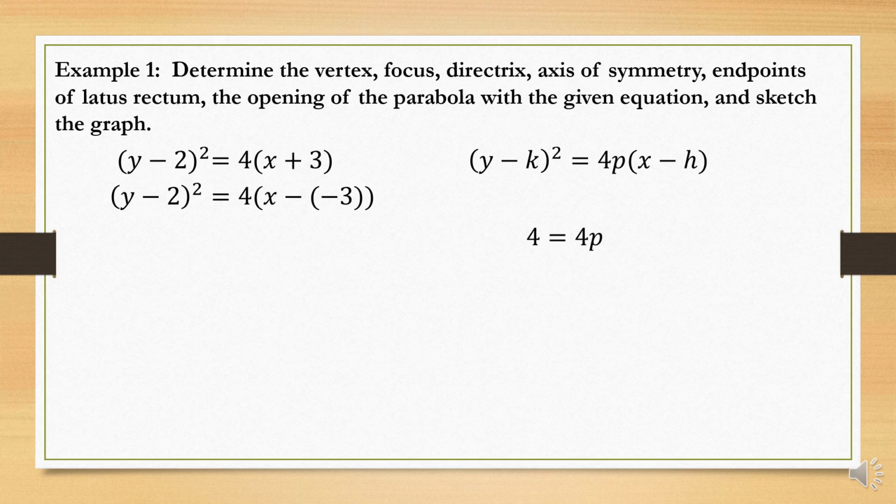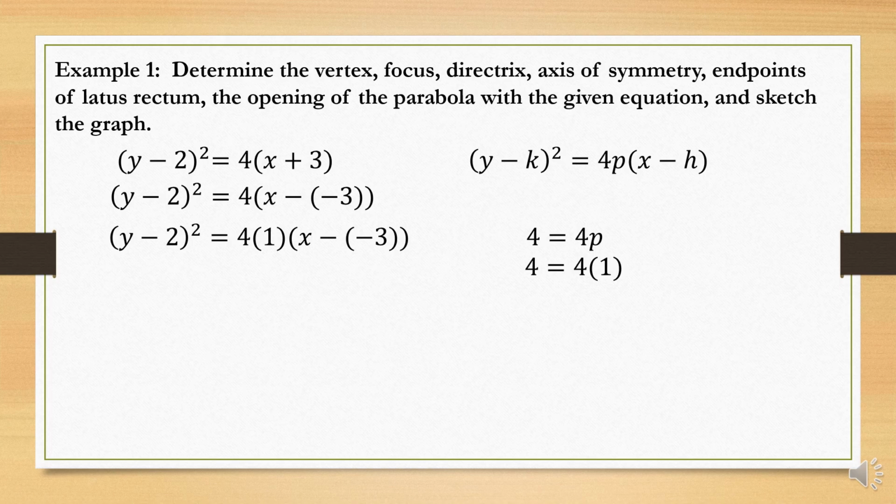So 4 is equal to 4p, then find the value of p that will satisfy the given equation. Then we have 4 is equal to 4 times 1. Therefore, the factors of 4 are 4 and 1. So we're now going to replace this in our equation, which is the quantity y minus 2 squared is equal to 4 times 1 times x minus negative 3.